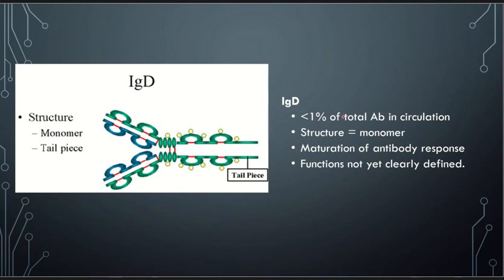But it certainly is responsible for the development and maturation of antibodies, and it may play a role in eliminating B cells that are generating self-reactive autoantibodies. But it's only going to make 0.2% of your serum antibodies, so there's not going to be a whole lot of it in your serum. Like IgE, there's very, very little of it circulating.